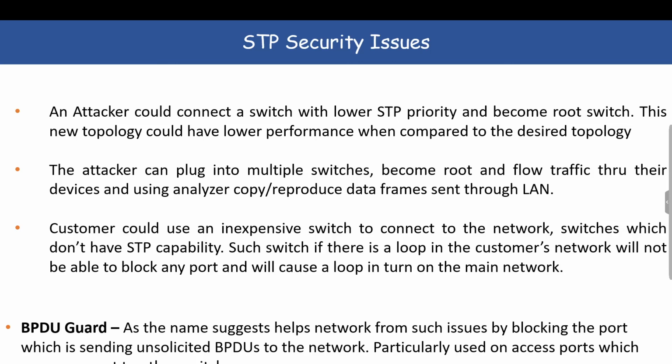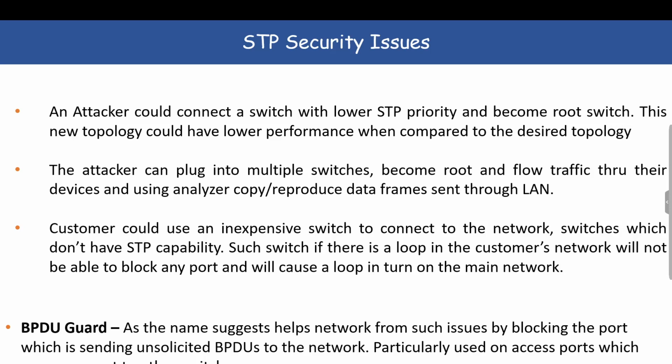To safeguard ourselves from this, we can use the BPDU Guard feature of Cisco. As the name suggests, it helps protect the network by blocking ports. If a BPDU is received, the port will be blocked.